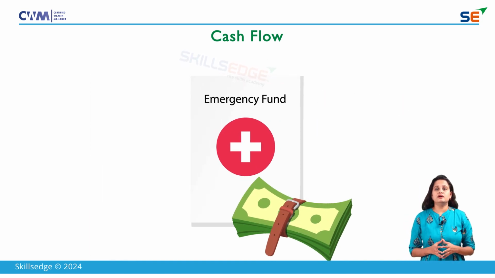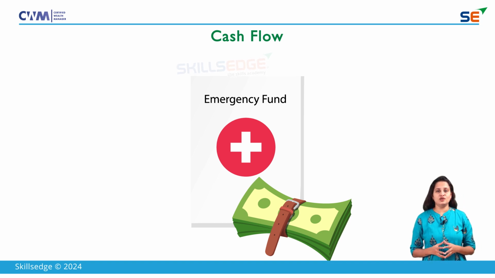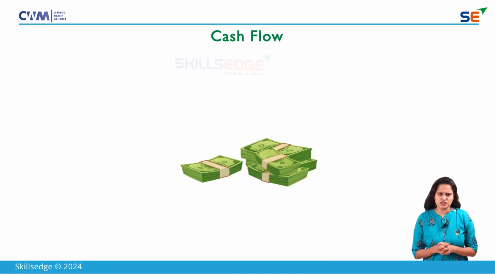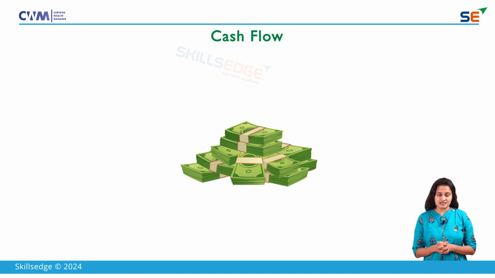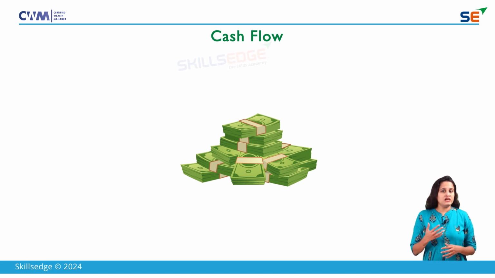Next is the emergency fund. Let us see how it is related with your cash flow. It is normally observed that individuals retain a sufficient amount of liquid assets at all times to handle emergencies, which avoids either borrowing money or liquidating investments during exigencies.